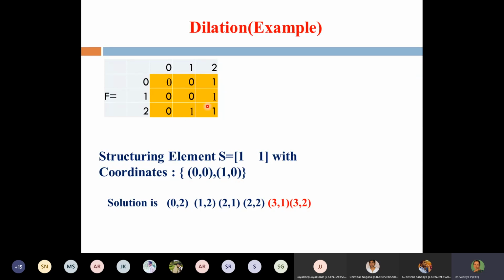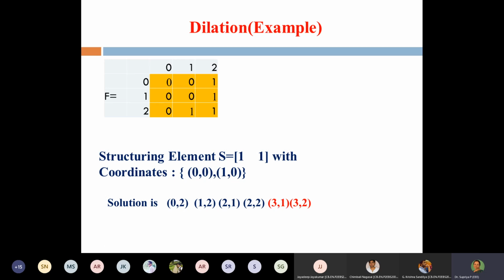Here the example itself has been changed: 0, 2, 1, 2, 2, 1 and 2, 2, and we need to consider the solution of dilation after we apply coordinates 0, 0 and 1, 0, which means now the structuring element is like this. The previous structuring element was horizontal. Now the present structuring element is vertical. Let us apply it and see the solution.